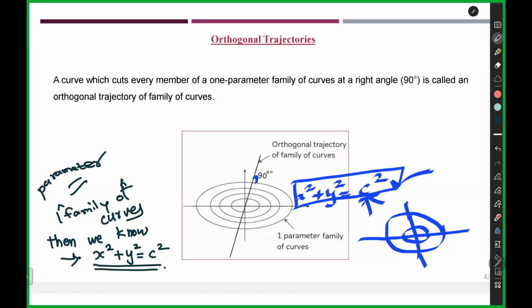Differentiating with respect to x, dy by dx is the slope. So slope is nothing but dy by dx, right? Now we are finding the orthogonal trajectory, so it is nothing but the perpendicular family of curves.